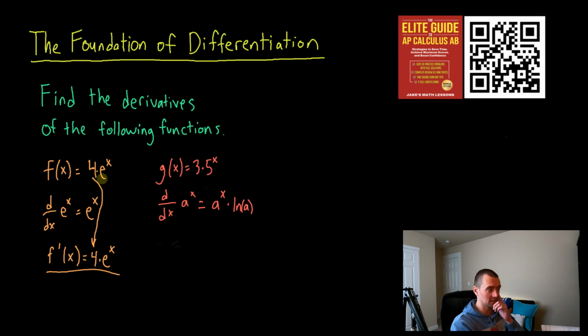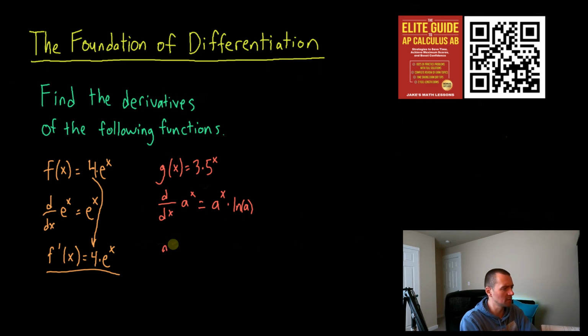If the constant e, 2.71, is the base, we would still get e to the x, and then multiply it by natural log of e. Natural log of e is just 1, so you would get e to the x times 1, which is just e to the x. So the e formula is kind of a shortcut for that specific situation. When your base is any other constant, you can use this formula instead, which is a tiny bit more complex because of the natural log of a piece, but it's really not much harder.